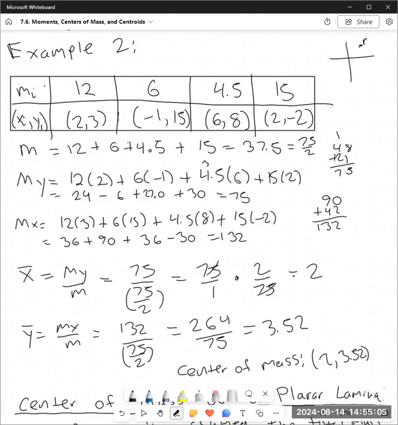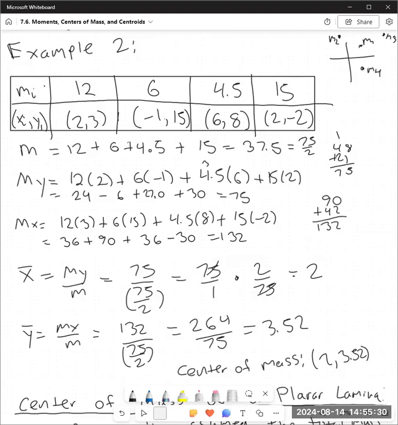And then mass 2 is at -1, 1.5, so mass 2 is somewhere up here. Mass 3 is at 6, 8, so it's way up here. And then mass 4 is at 2, -2, so it's down here.